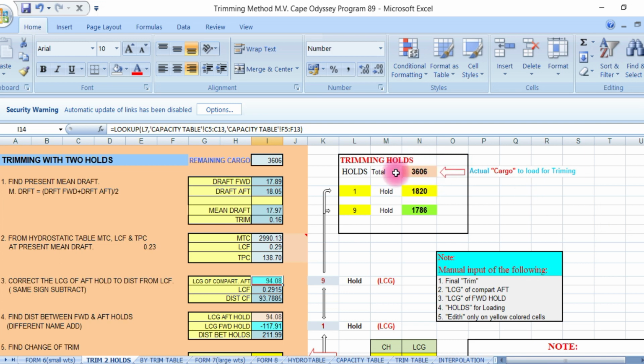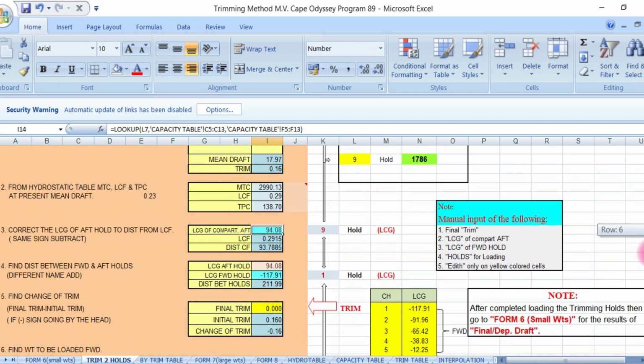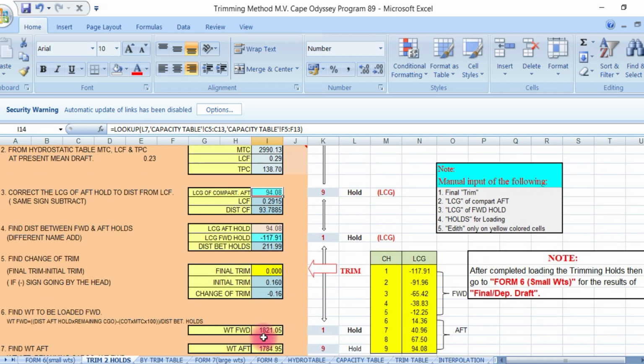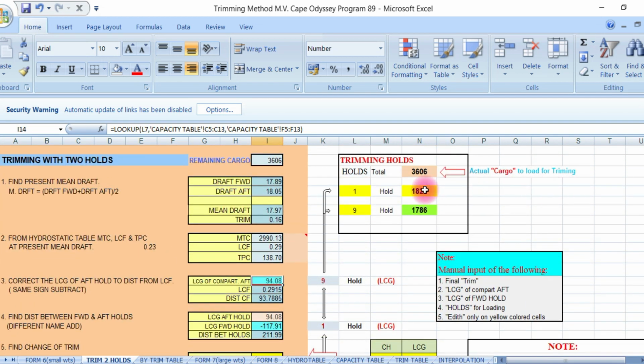Cargo to load is 3,606. And how much would we load in number 1? If zero trim, number 1 is 1821. Okay, 1821. I put here 1820.